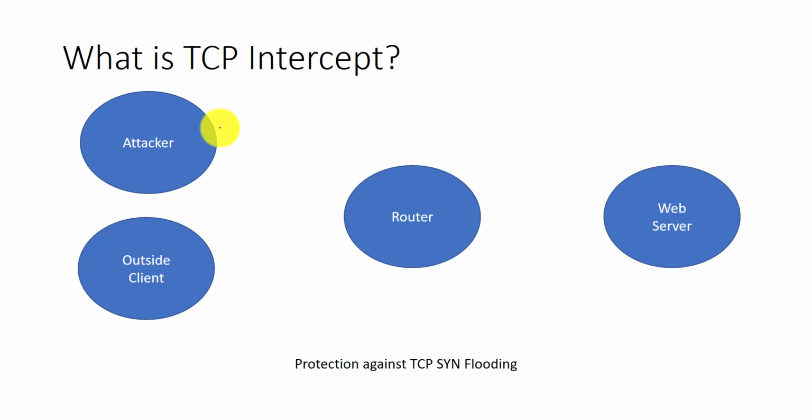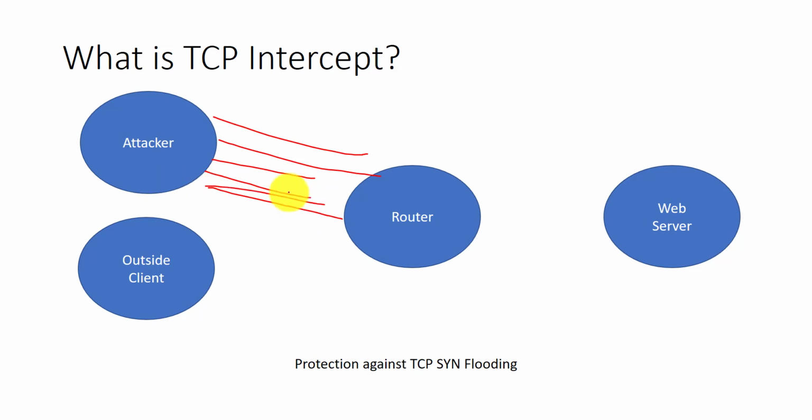So let's say, for instance, the attacker wants to cause problems for this network, for this web server. Again, initially you would form a TCP connection with the web server, but with TCP interception on, the attacker is going to send lots of SYN requests destined for the web server, but these are going to get intercepted by the router.